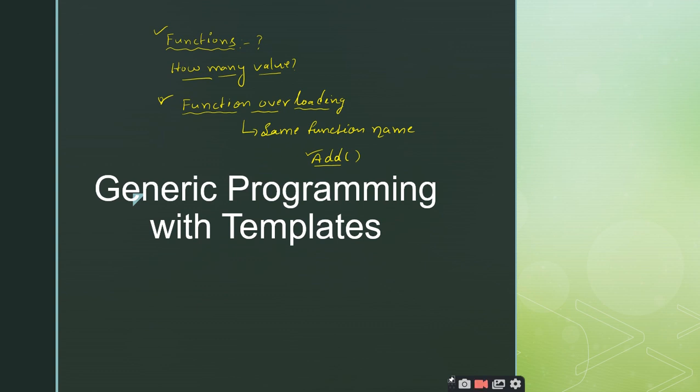So how are templates going to solve this problem? Anybody please answer. How are templates going to support generic programming? Taking data types as parameters, sir. Super, right. The templates will accept the parameters as data types, right? That is how it is going to solve the problem of reducing redundancy, right?